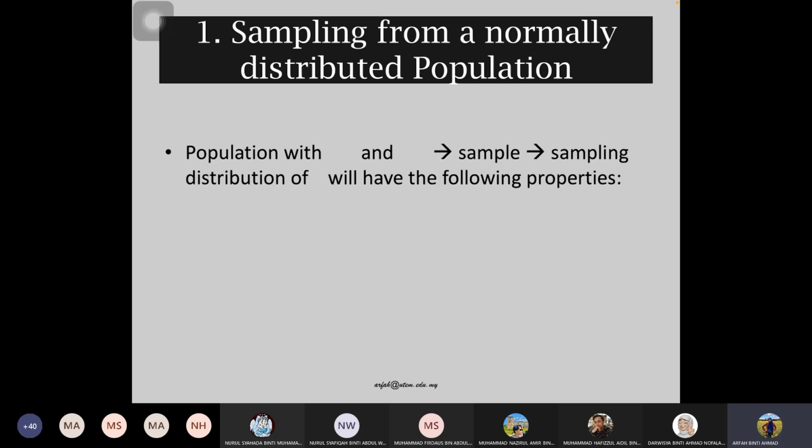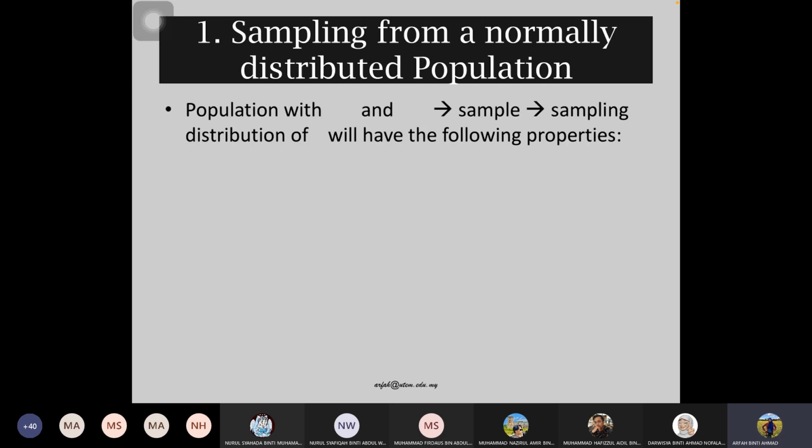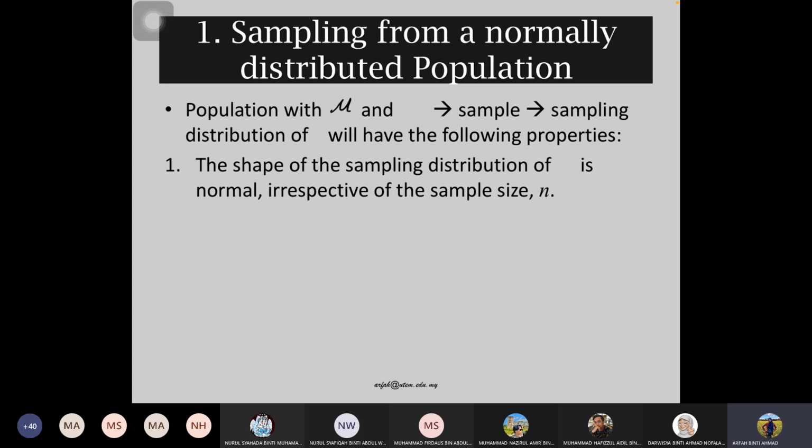If the population follows a normal distribution with mean equal to mu and standard deviation equal to sigma, and you take a sample from this population, the sample will follow a normal distribution as well.